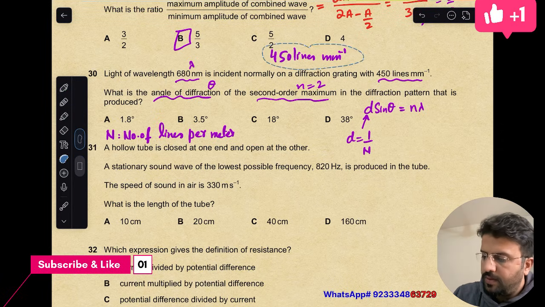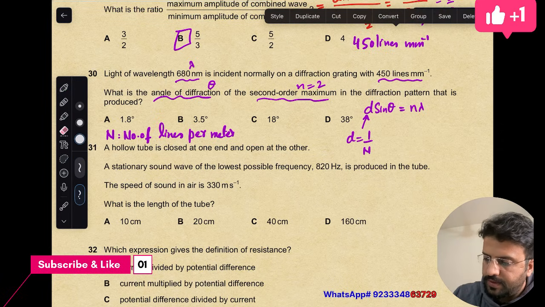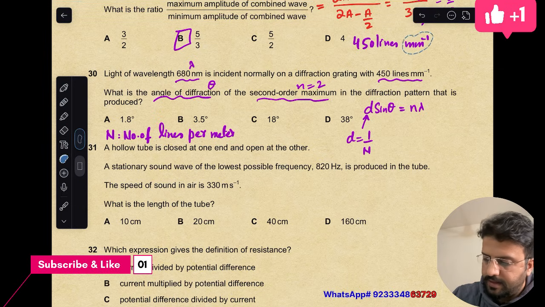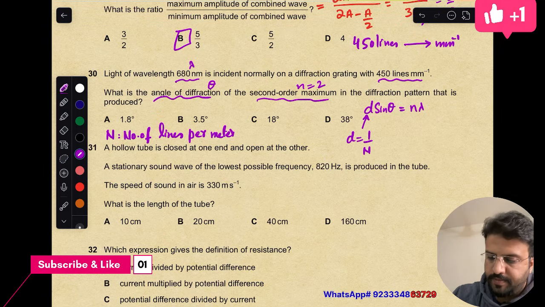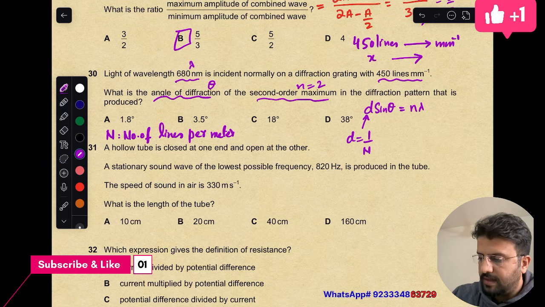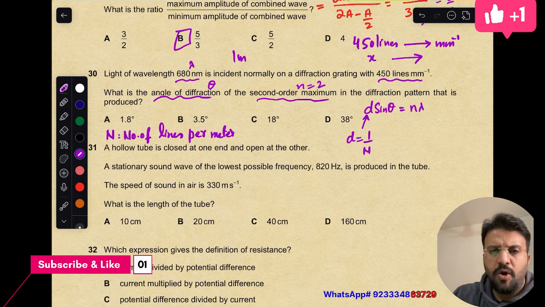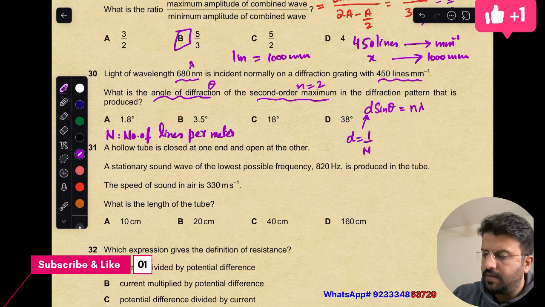Okay, so what I can do, I can use the ratio method. If I write this as 450 lines in 1 millimeter, how many lines will be in 1 meter? 1 meter is equal to 1000 millimeters.